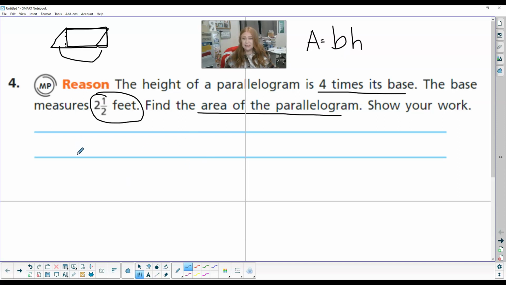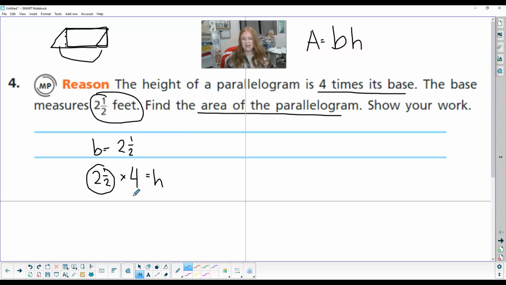So my base is 2.5 feet. And the height is 4 times bigger than this. So I need to find the height first. I need to write h equals 2.5 times 4. So I know the base is 2.5.